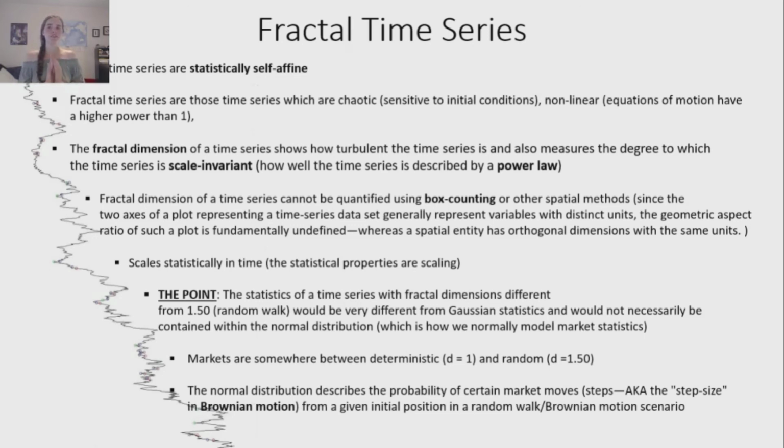So if we have a different statistical distribution, we're going to have different probabilities of certain market moves, and we'll be able to find patterns and hopefully analyze it so that investors can get more certain returns, or understand their investments in a different way.